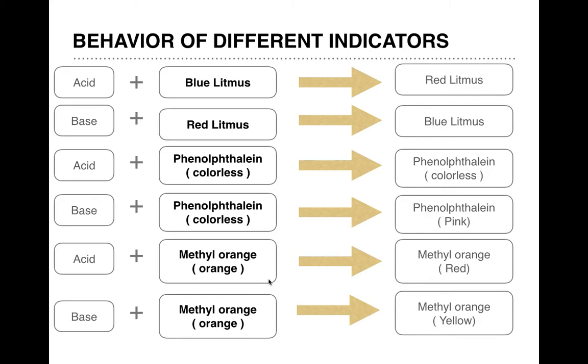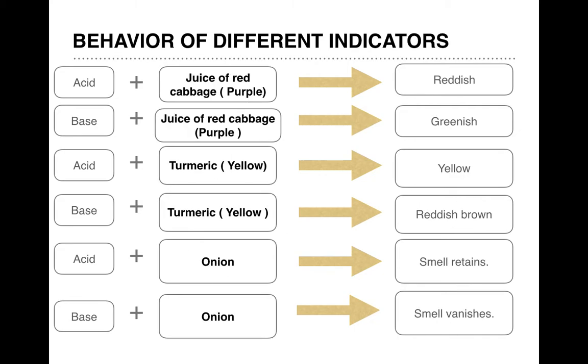Methyl orange has the original color orange, which is pretty clear from its name. When you put acid in methyl orange, it becomes red. When you put base in methyl orange, it becomes yellow. So that is the difference. Now, acid plus juice of red cabbage is reddish.